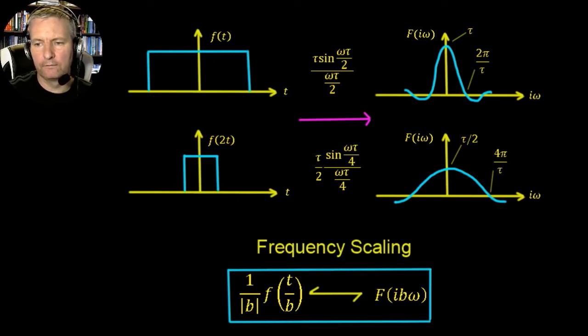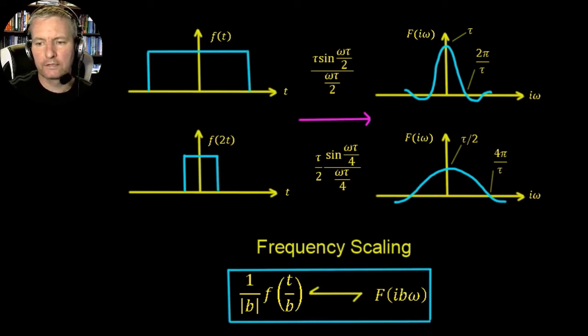So this is the effect of stretching out the sinc function. Now the crossover points are going to be at 4 pi upon tau, so each of the crossover points will be n times 4 pi upon tau, and the height is going to be halved, so the height is going to be tau by 2.